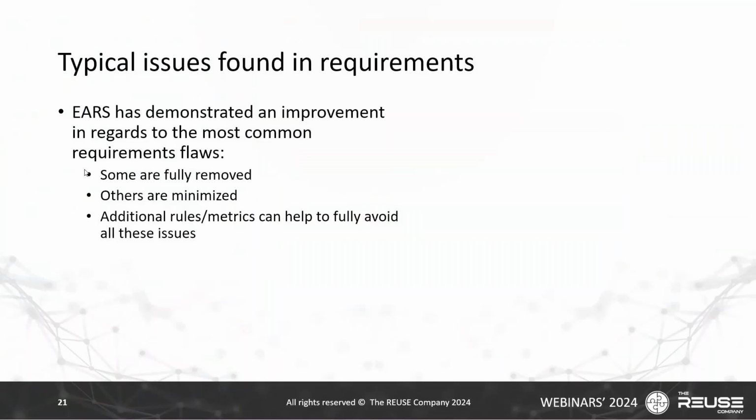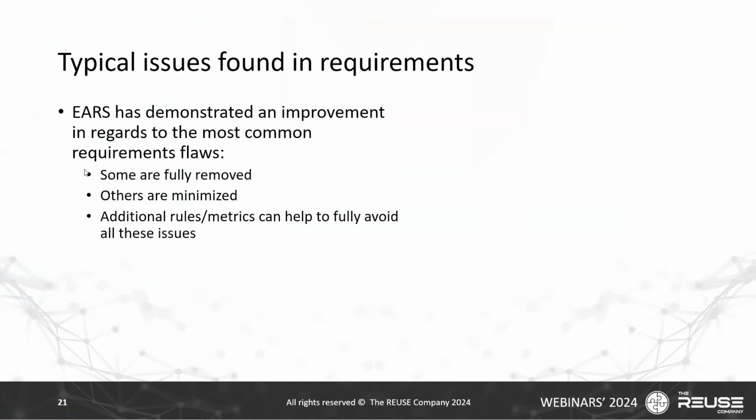So typically, EARS has demonstrated an improvement for those companies adopting EARS as the standard to write requirements. They have demonstrated that the most common mistakes in requirements are somehow minimized or even fully removed.